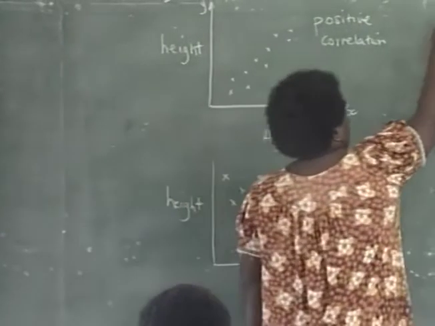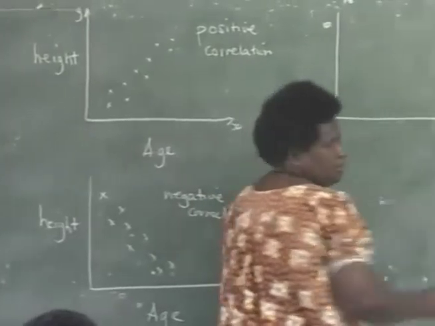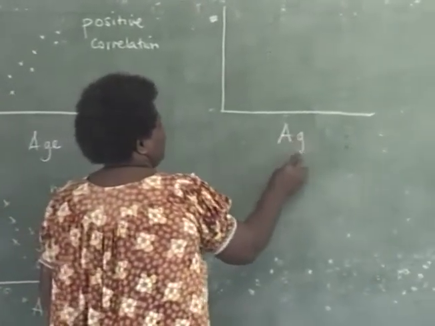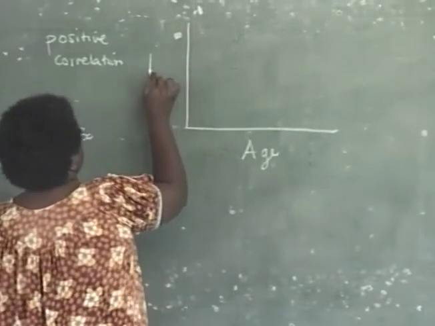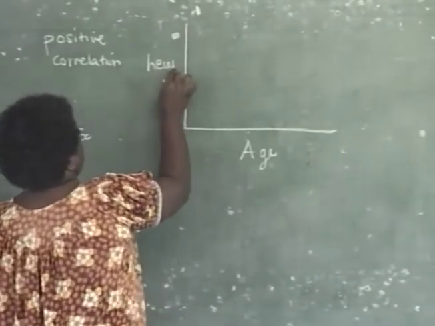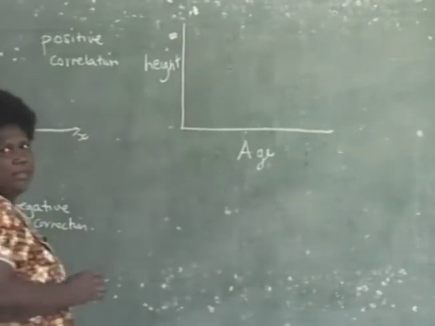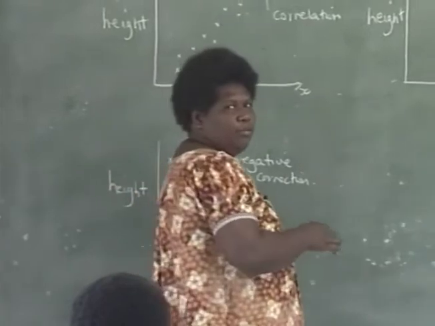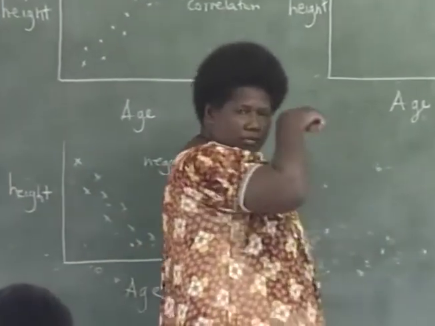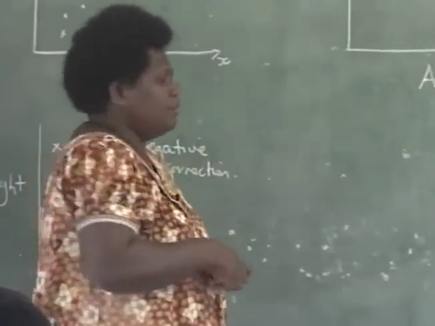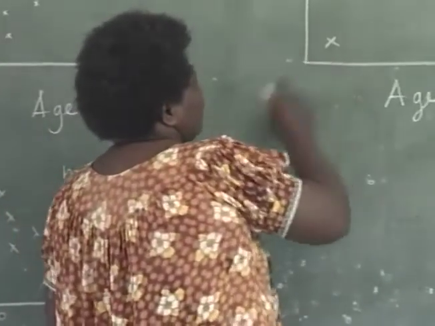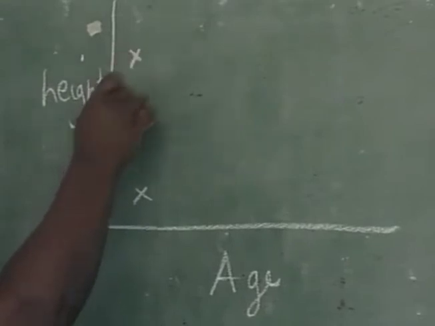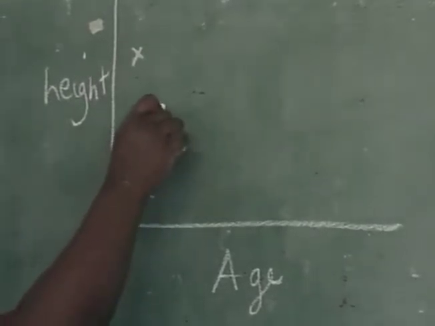Okay, we decide to take the spaceship and we go to another planet. This time, the ages and the heights of people who live on that planet are not related at all. So you can be very young and very short, or very young and very tall.